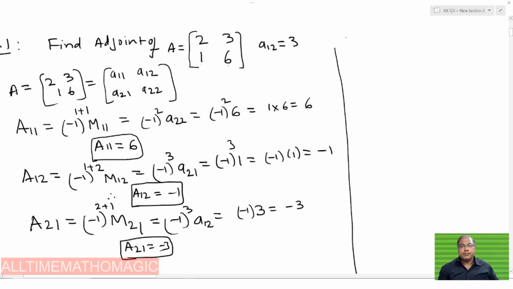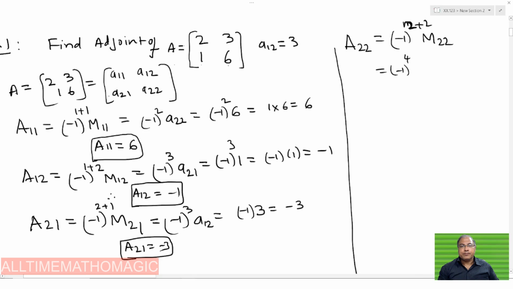After that, we have to find out cofactor A22. That is nothing but minus 1 raised to 2 plus 2 multiplied by minor M22, which is minus 1 raised to 4. How to find out M22? You have to delete the row and column in which the element A22 is present.